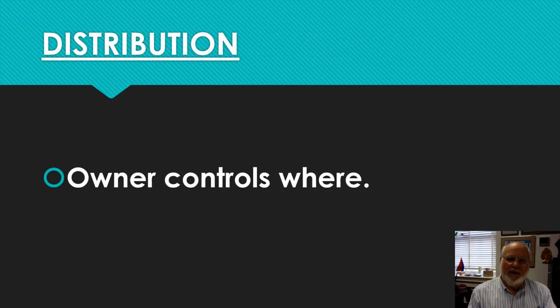The other element is distribution. This basically comes into things like where a copyrighted product is offered for sale, and it's totally under the control of the copyright owner and their preference or strategy as to where their copyrighted works appear or are performed.